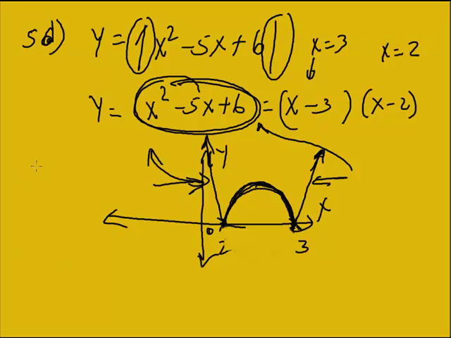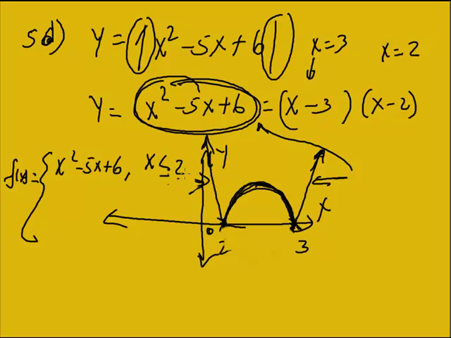So let's write that out. So f of x is equal to x squared minus 5x plus 6 when x is less than or equal to 2. That's this part right there, because that's the original parabola.